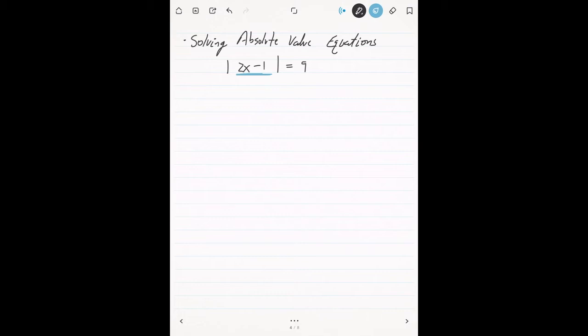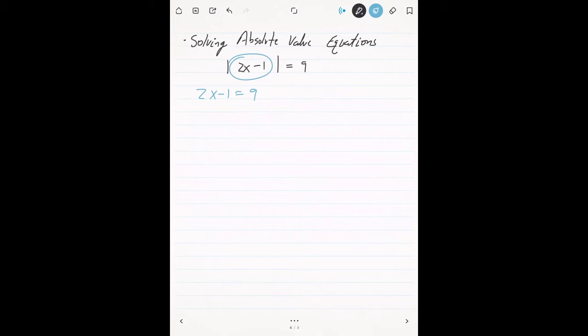So what does that mean about what this interior could be? What does that mean that all this inside could be equal to? Well, hopefully you're saying that means that 2x minus 1 could be the number 9. We could plug something in for x and get the number 9 on the inside.